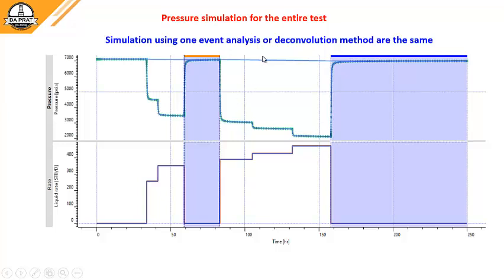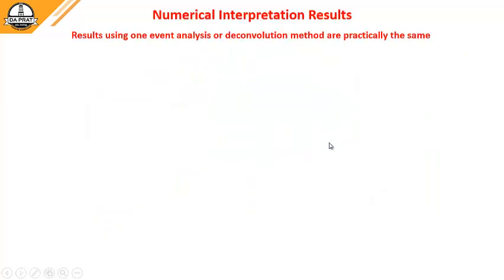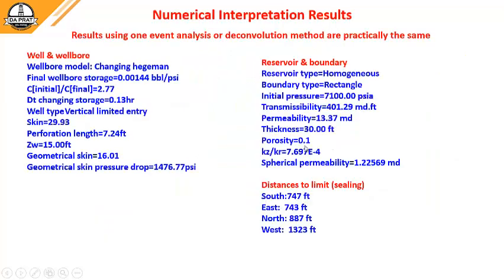So we did the simulation, and even using the one event or the build-up analysis or the deconvolution, they are the same. And these are the numerical results, which are basically the same. Instead of 10 feet as physically perforated according to the logs, this simulation gives us 7 feet as the perforated length.